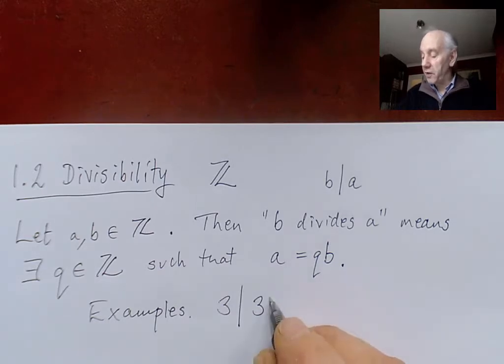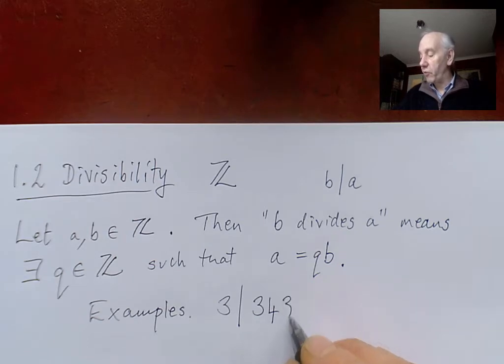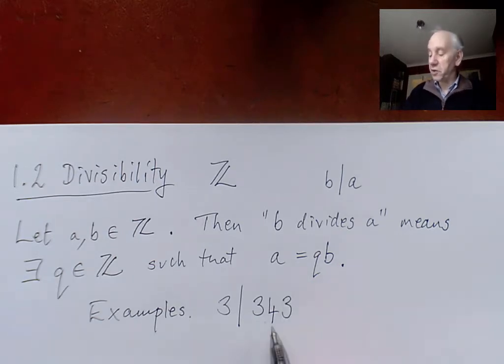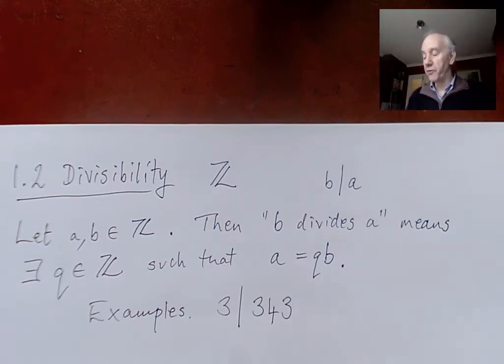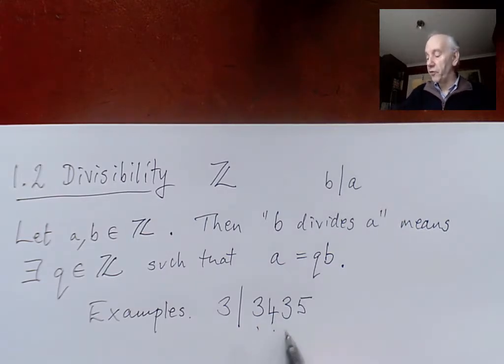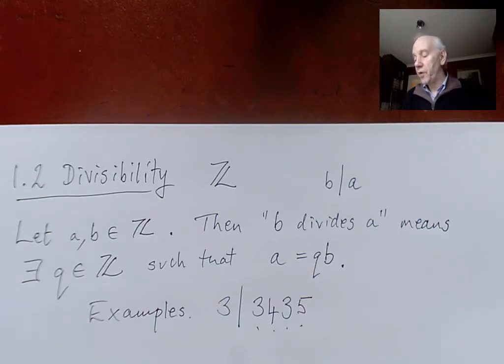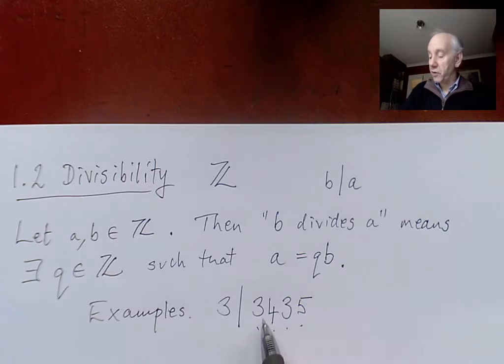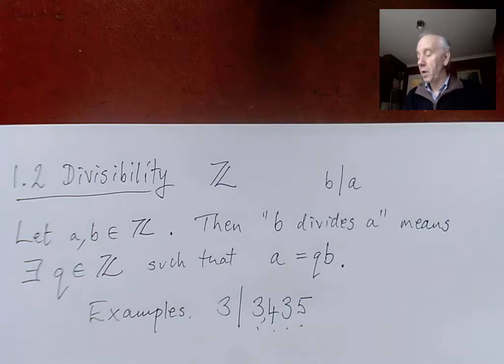It does not divide 34, nor does it divide 343, because the digits here do not add up to a multiple of 3. However, what do they add up to? They add up to 10. So if I add a 5 here, the sum of these 4 digits is 15. So that is a multiple of 3, so one knows that this number 3,435 is divisible by 3. So 3 does divide this.